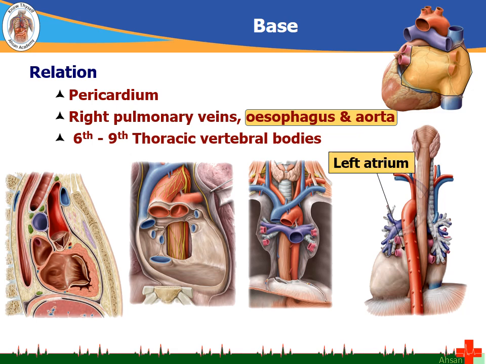This is the left atrium, and behind this lies the descending thoracic aorta and the esophagus. Esophagus is very close to the atrial wall.